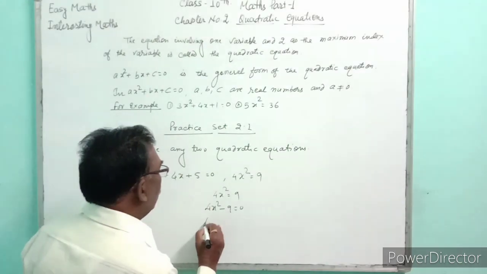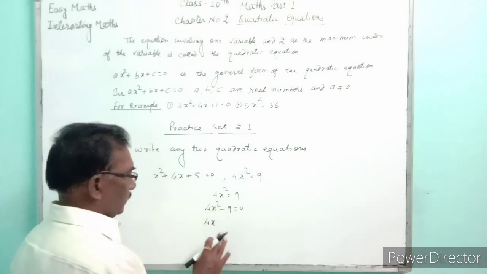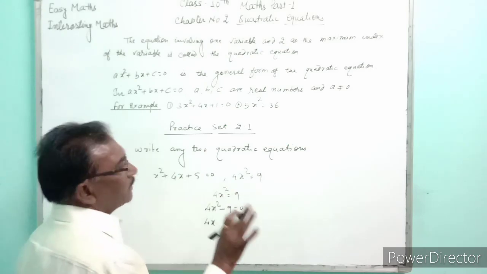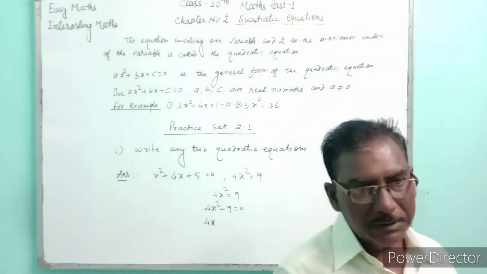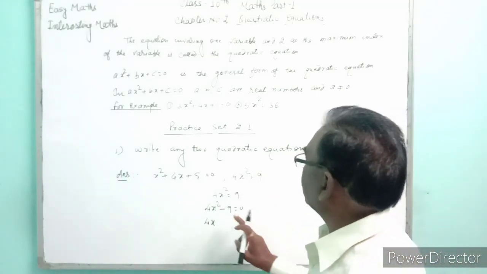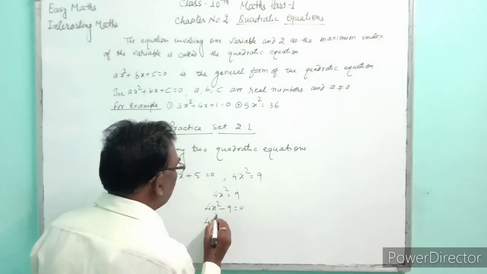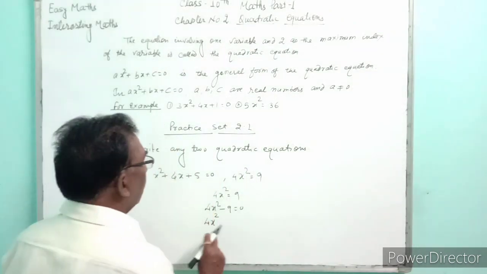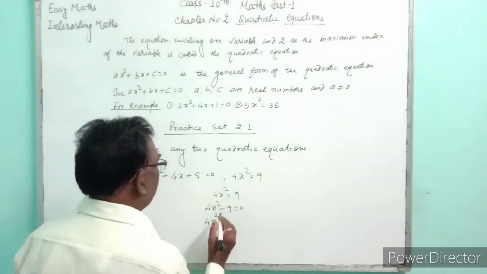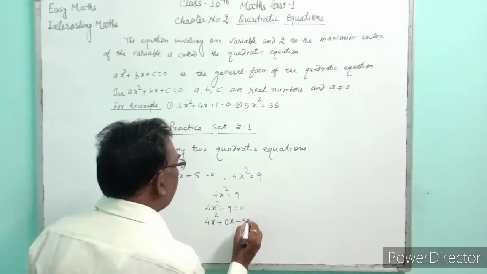Okay, so 4x square. Now there are only two terms. In a quadratic equation there must be three terms, but here there are only two terms. One term is missing. So we have to write the missing term, that is the middle term, plus 0x minus 9 is equal to 0.